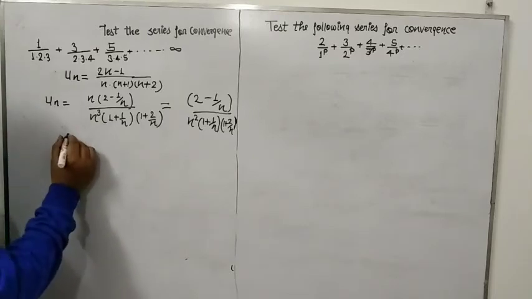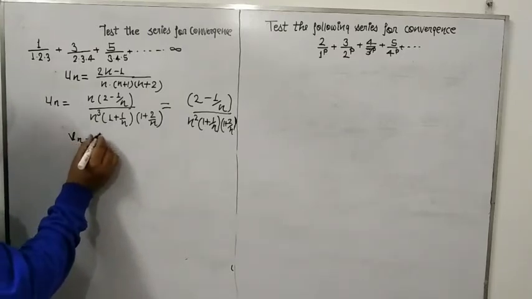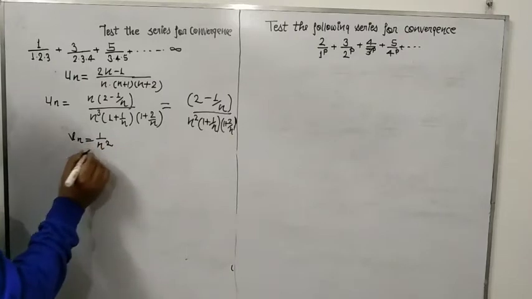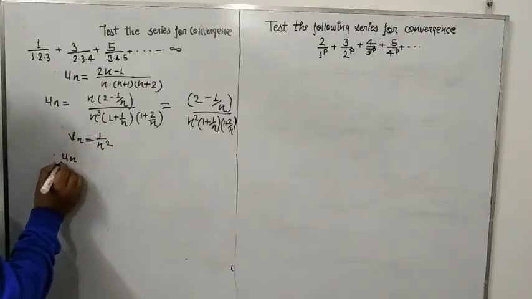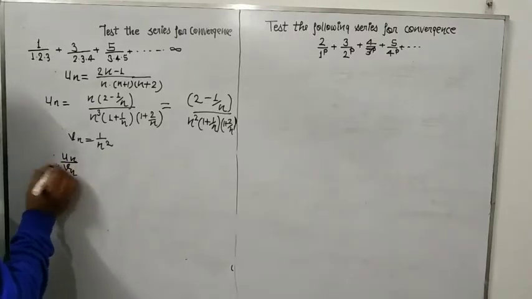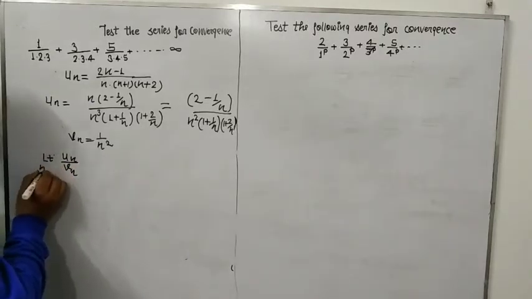We choose another series Vn equal to 1 by n square, and by comparison test we divide un by Vn and take the limit as n tends to infinity.